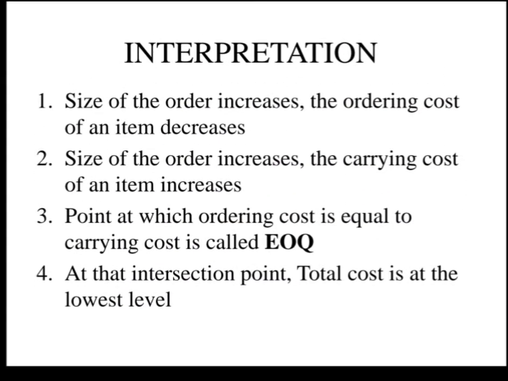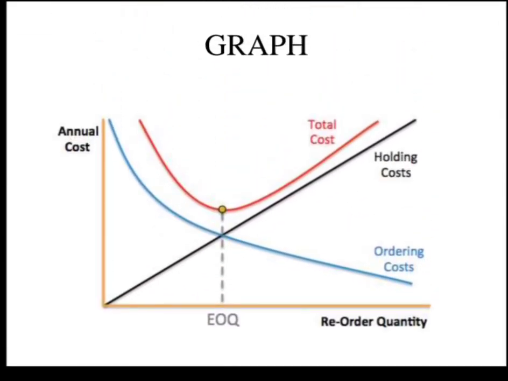Now we will see the major assumptions of the economic order quantity model. As the size of the order increases, the ordering cost of an item decreases. This is understood from the diagram. If we buy in bulk, the cost is decreasing.